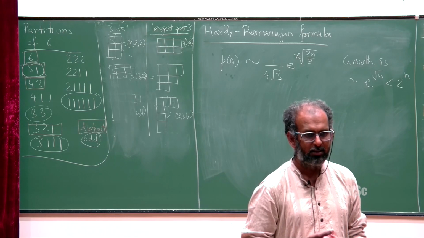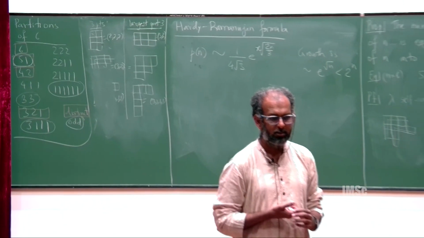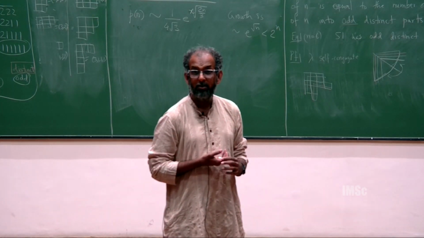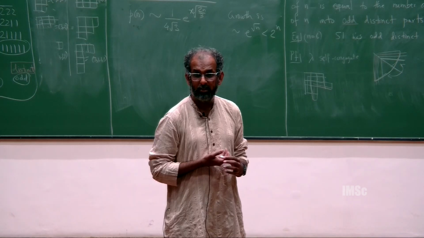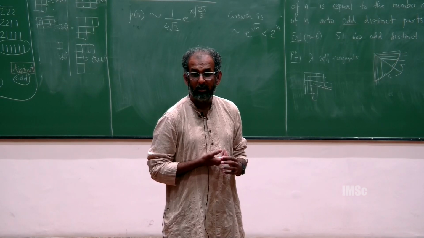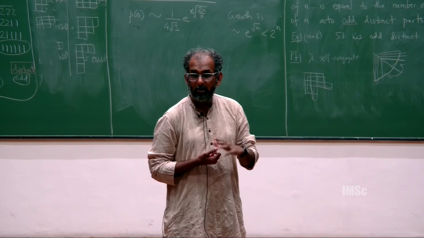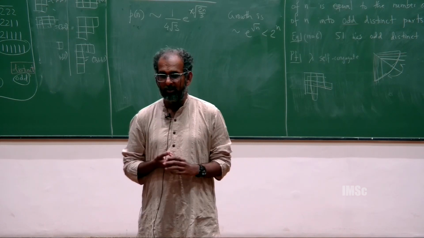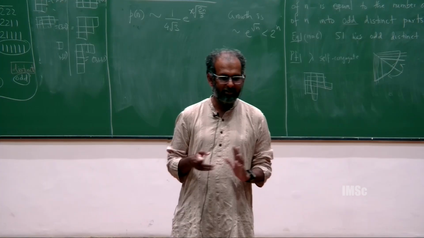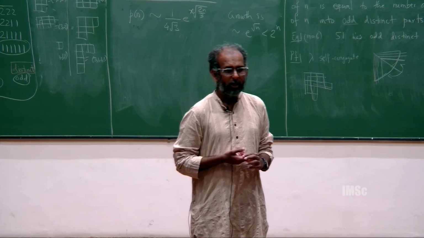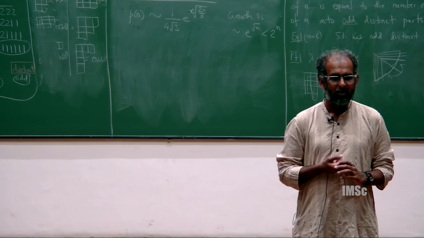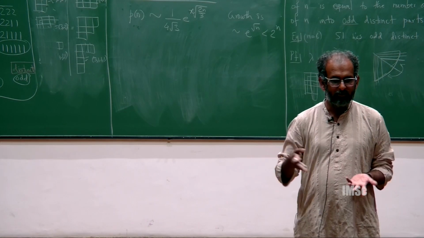What is it roughly? 40 billion. What? Quadrillion. Okay, it's 3.9 trillion. So if I want to know P of 200, it's near 4 trillion.